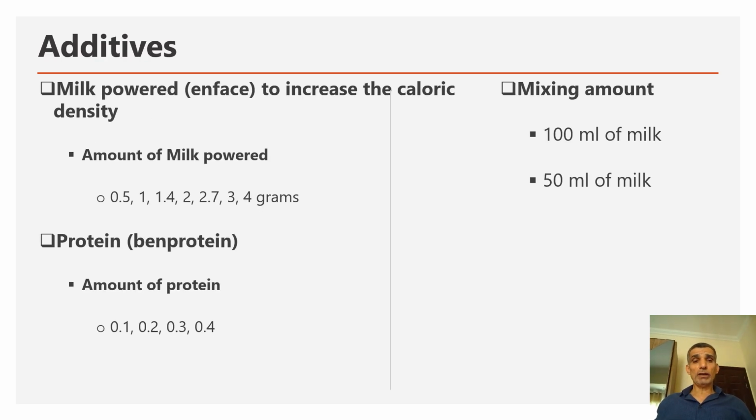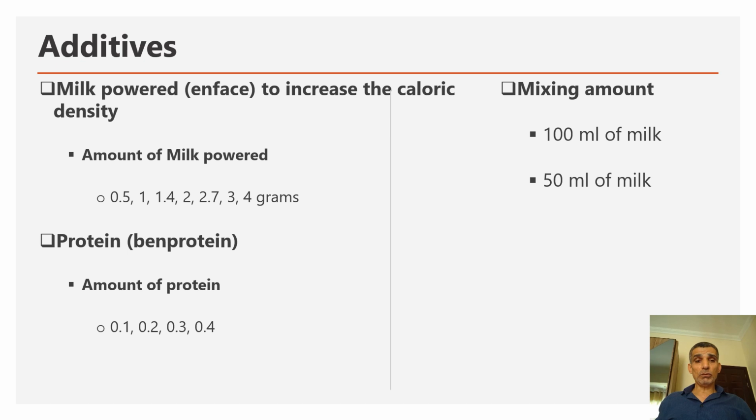And also you need to state whether you're adding some other additives, like some milk powder to concentrate. I meant Infacare. So you have to state whether you are adding more additives to increase the caloric density. For example, if you don't have 27, you're using 24, but you need more calories, you can add some powder to increase the calories.